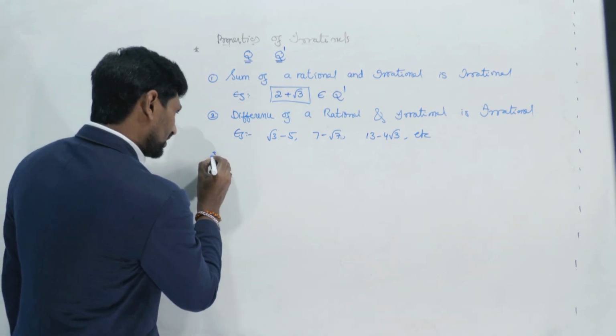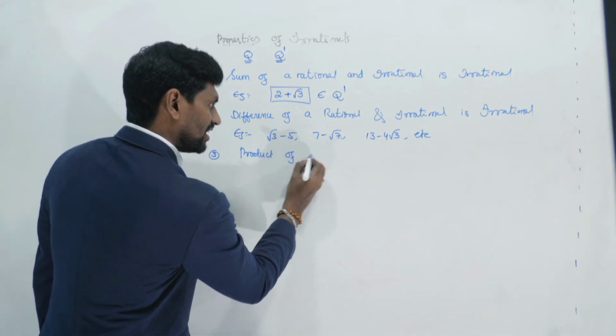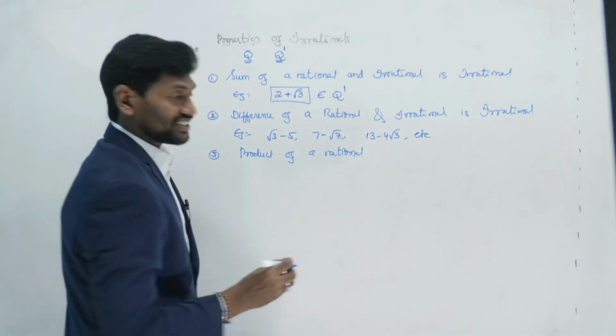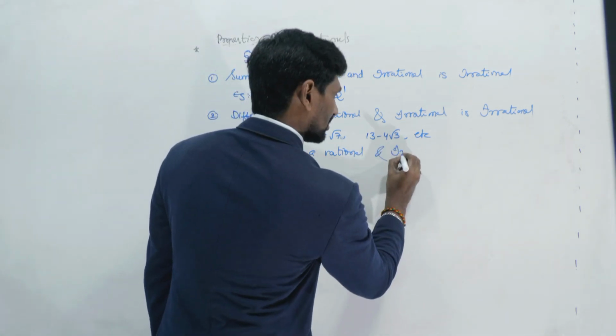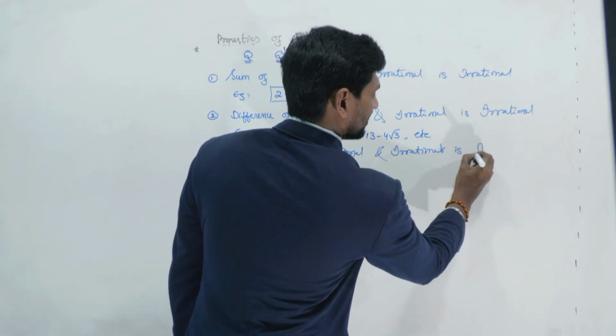Next, product. So the product of a rational and an irrational number is irrational.